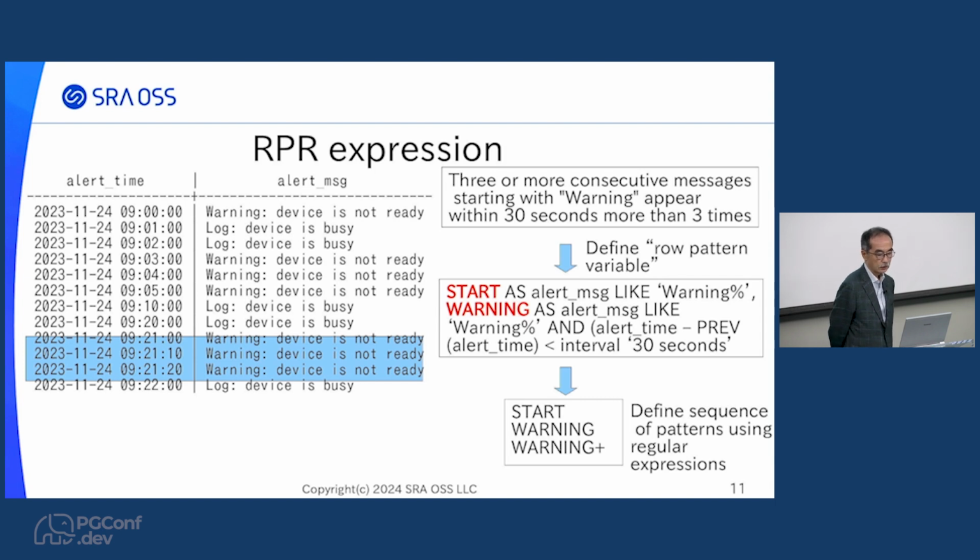Now, from these definitions, we can define the pattern clause like this: start, warning, warning plus. Here we have two warning pattern variables. The reason is that we want to find 3 or more rows.